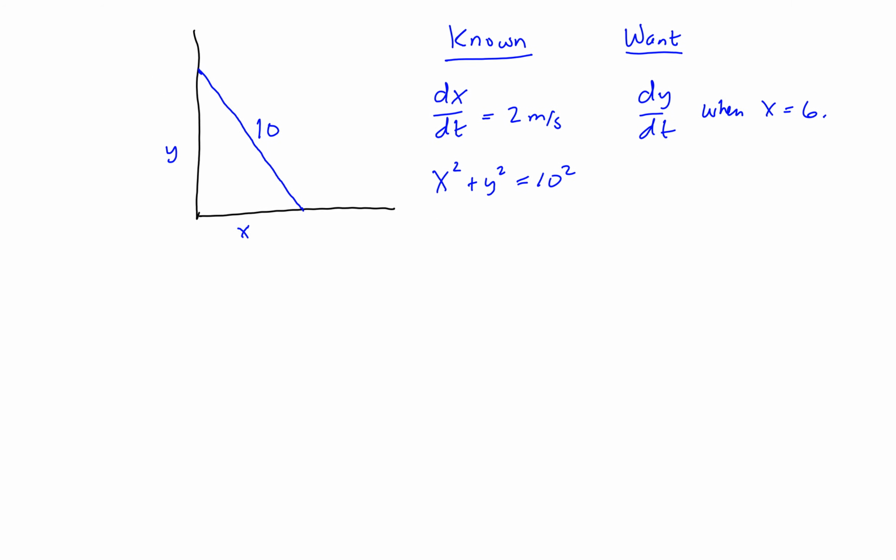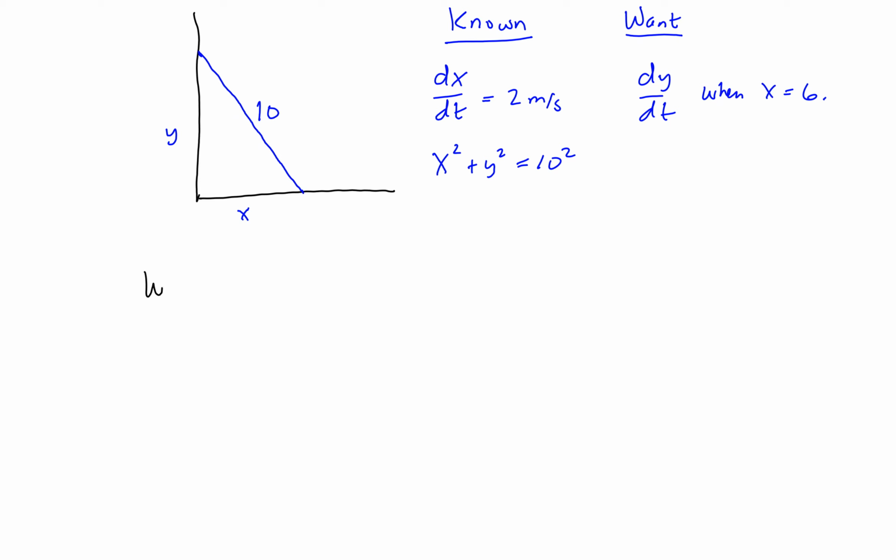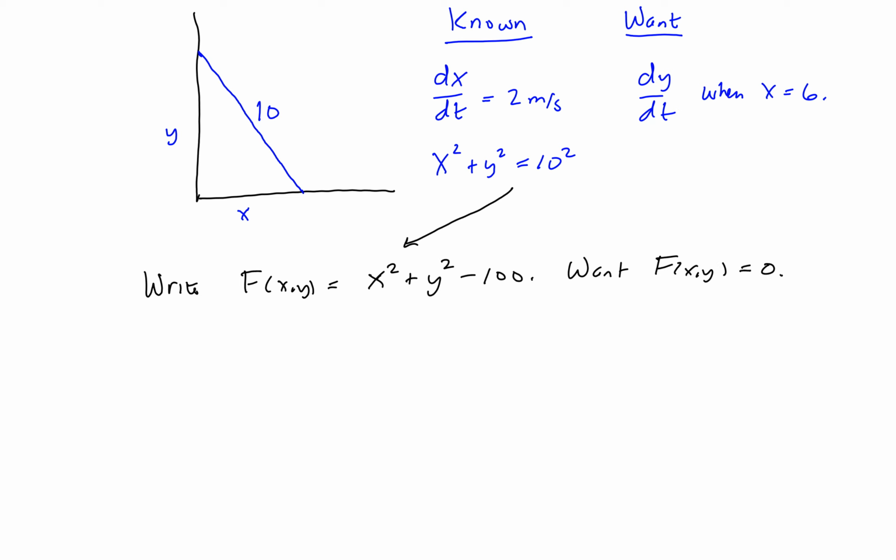So to set this up, let's write f of xy to be x squared plus y squared minus 100. So we just took this and turned it into an equation. And so when f of xy is equal to 0, that gives us our curve.